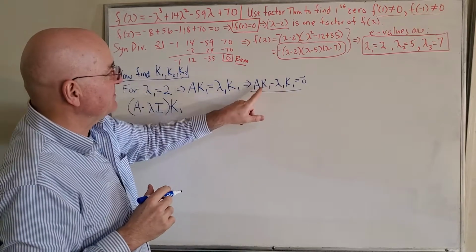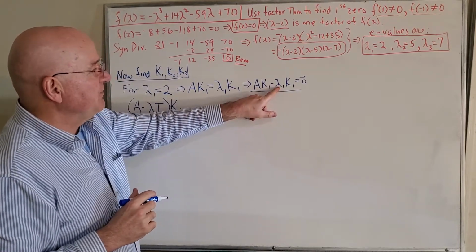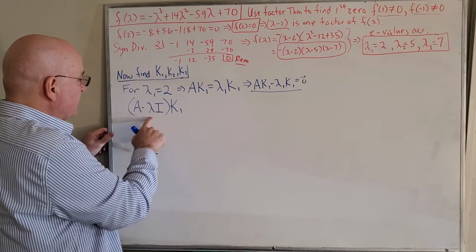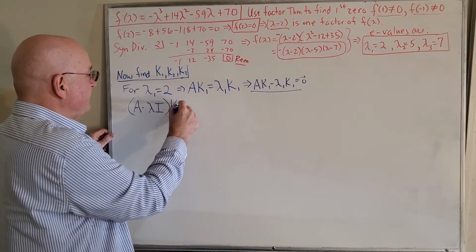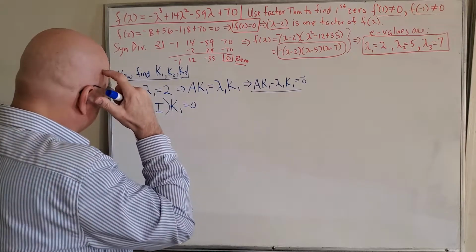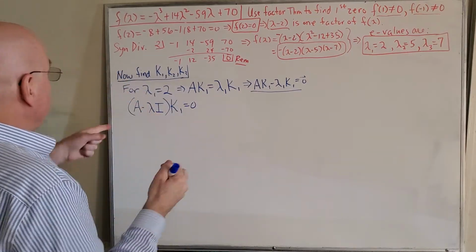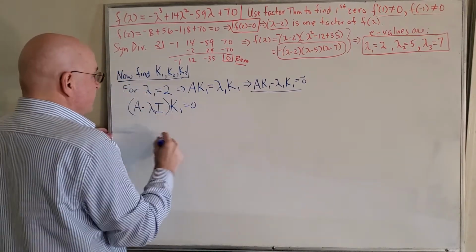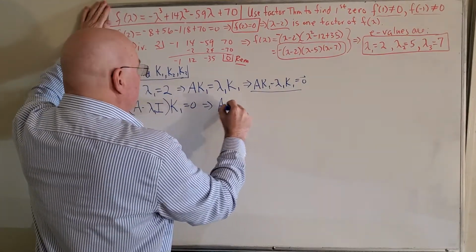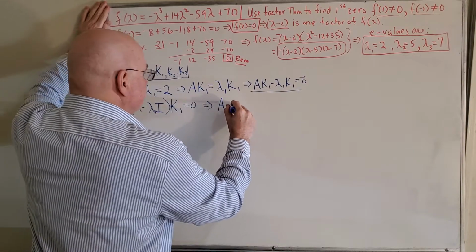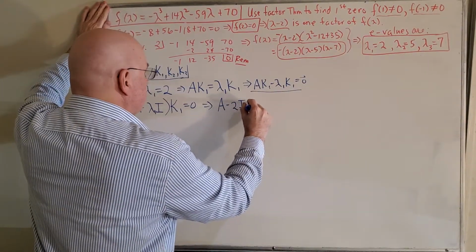This is a column vector, this is a square matrix, so I multiply this by the identity matrix. Now these are both square matrices of the same size, so we can subtract them. Oh, actually, we know what lambda 1 is. So we get A minus 2I times k1.